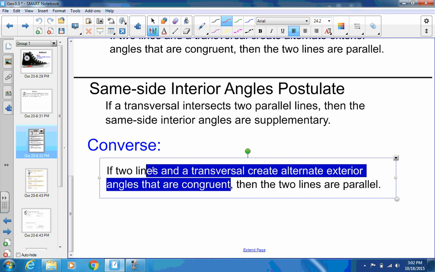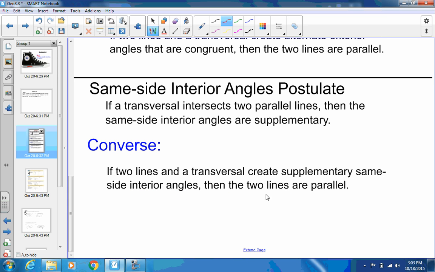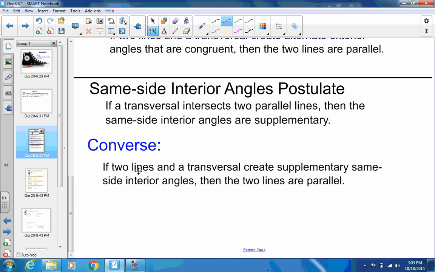Well, we can say that if two lines and a transversal create supplementary same side interior angles, then the two lines are also parallel. That's the fourth way we have. The converse would also be true. This is the fourth way we have to show whether lines are parallel or not.